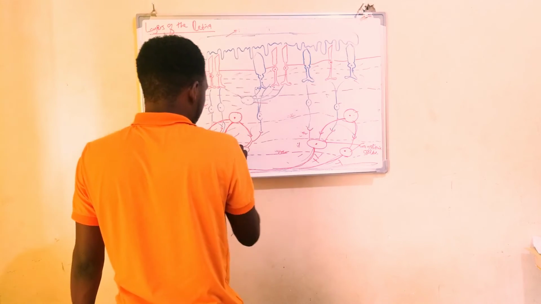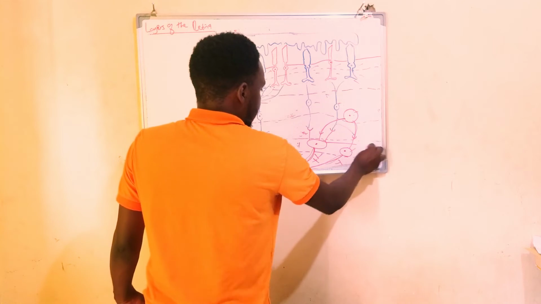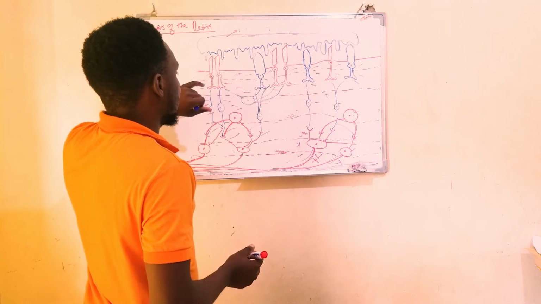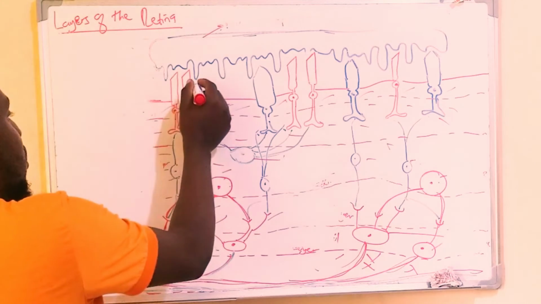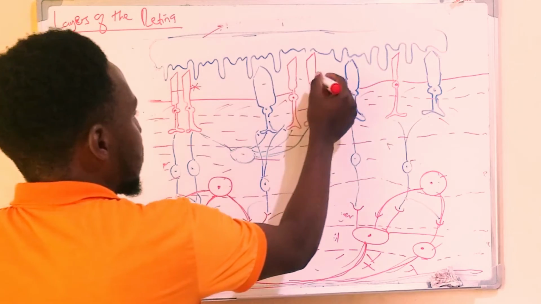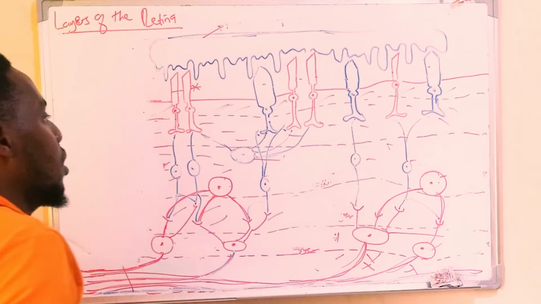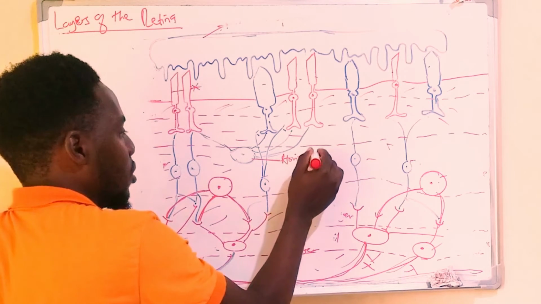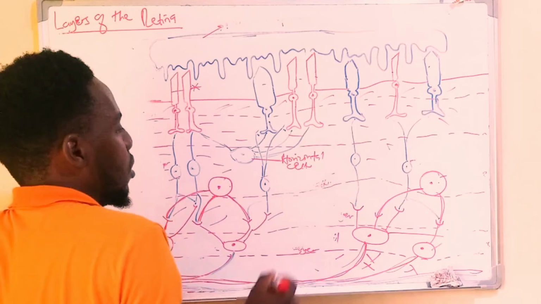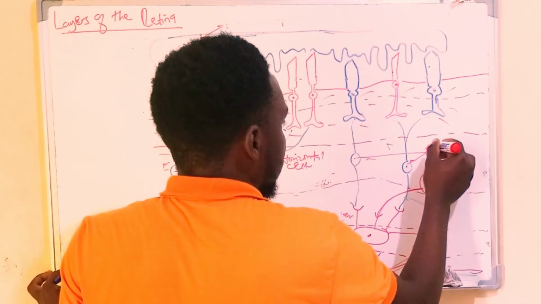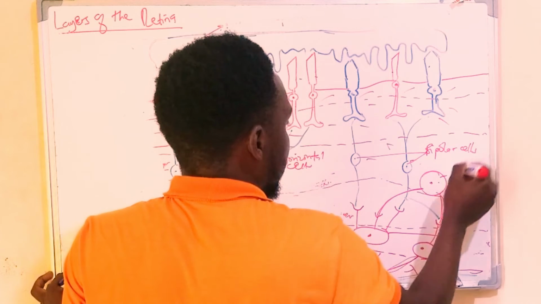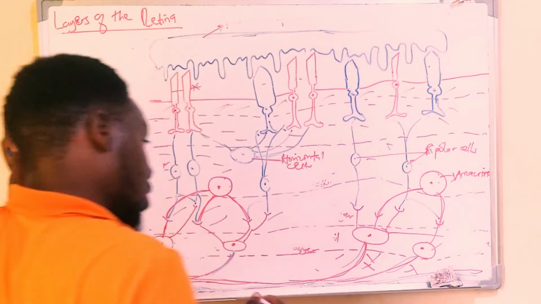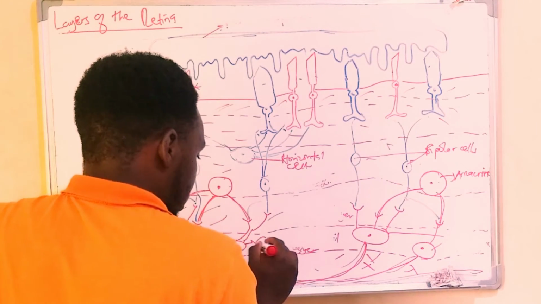We are saying the retina is made up of five basic cells: the photoreceptors, which are the cones and the rods, then the horizontal cells, bipolar cells, amacrine cells, and the ganglionic cells.